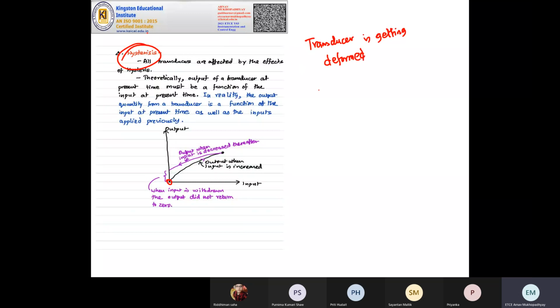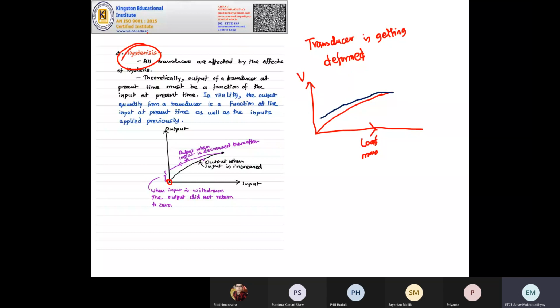How is it happening? First, say for instance you are applying some load on a pressure strain gauge. So as you increase the load mass, your output voltage should increase. It is happening properly. But when you are decreasing the mass, you are getting more voltage than when you are increasing.